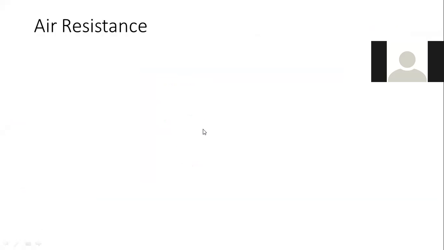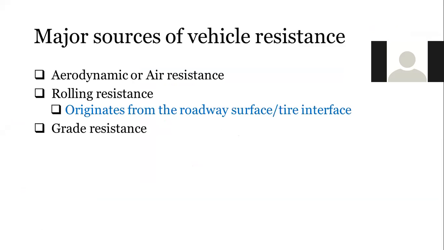Am I audible? Yes, sir. Okay. So I will repeat some of the content so that you will get a better idea, as this unit has a weightage of around 15 marks. Basically, we have seen the types of resistances to vehicle motion.